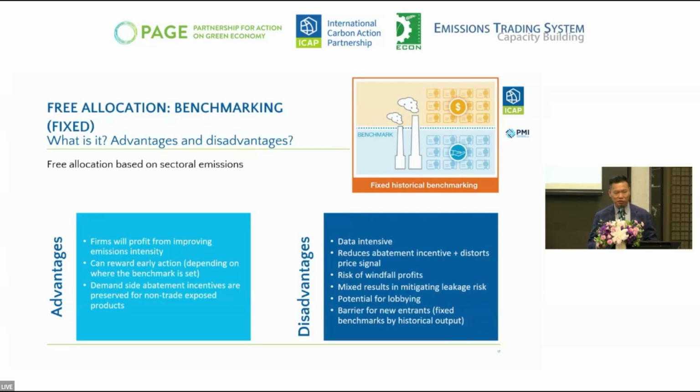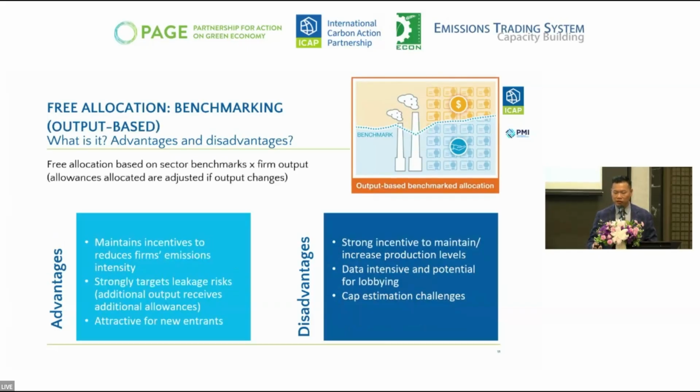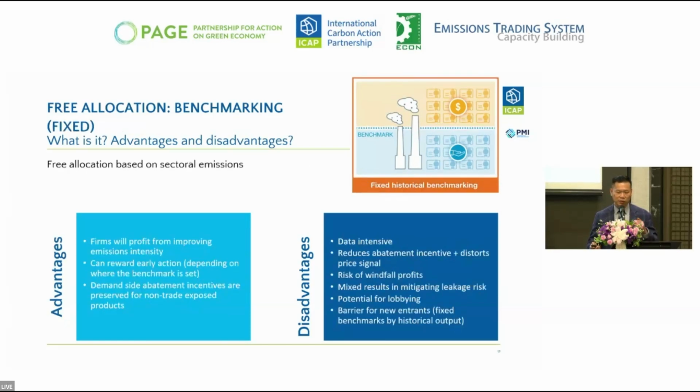So in general, you can still reduce the leakage risk, but some companies may still suffer from it, and it provides the potential for lobbying. Like how to define the production, how to set up the benchmark. There is a lot of space for the industrial sector to lobby. So that's the benchmark for fixed output.